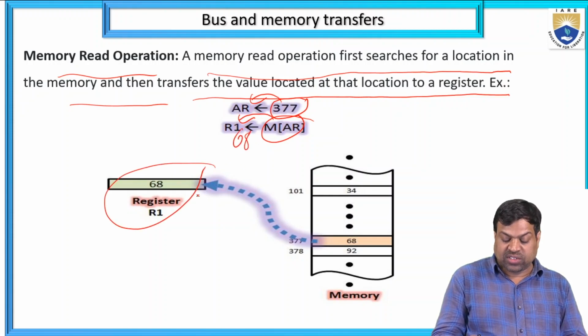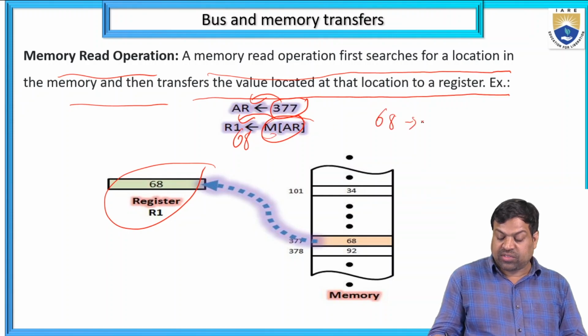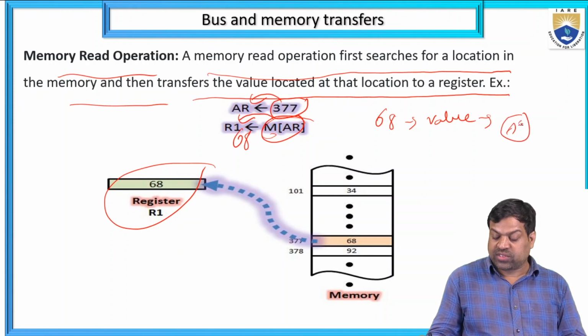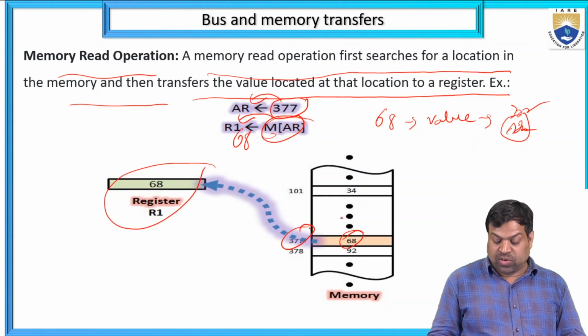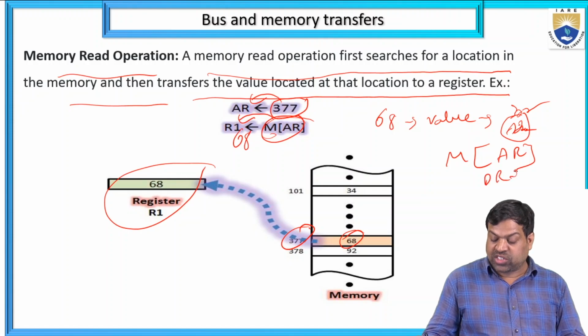So with M of AR, the value 68 is there at the particular address. What does address mean? 377. In the 377 address, what is the value? 68. So I am defining the address as memory of AR, and the data I am defining as a data register or R1.